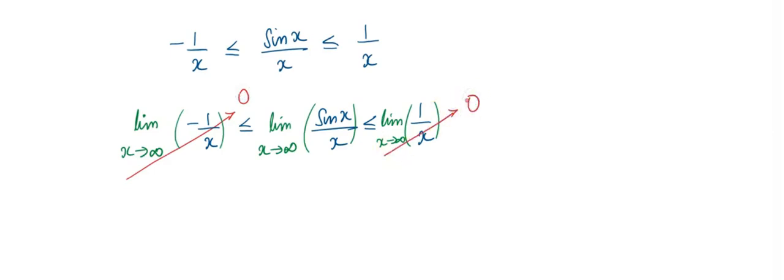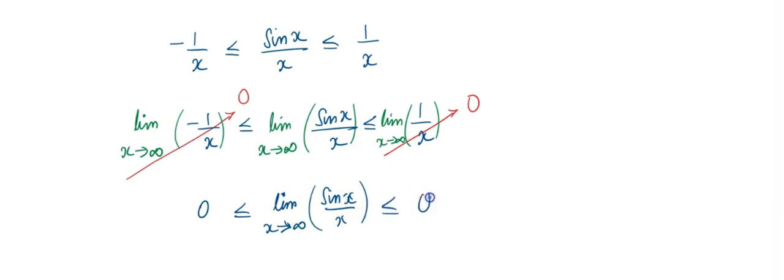I'm not canceling it, I'm just saying it's approaching 0, because the value for this will be 0. So in that sense, I'm going to rewrite this as 0 less than or equal to limit x approaches infinity of sine x over x less than or equal to 0.